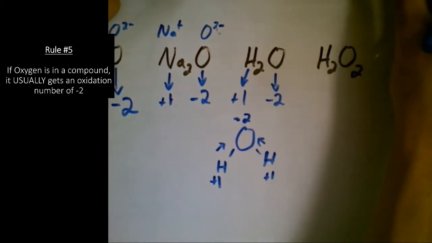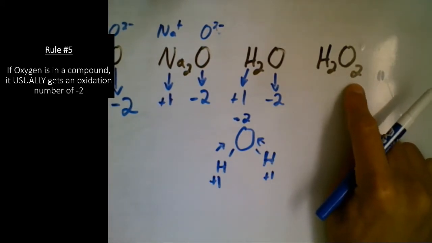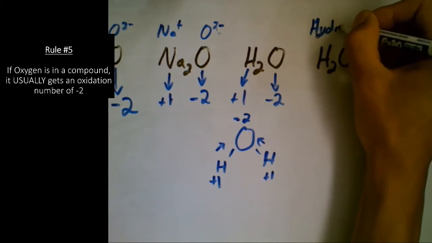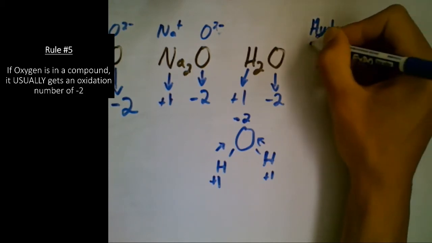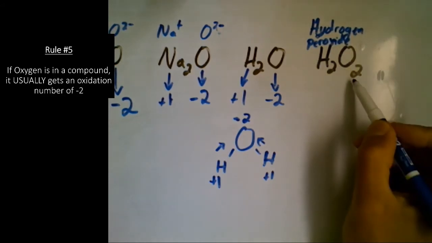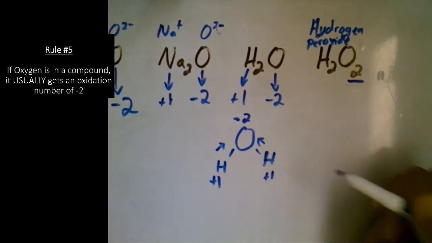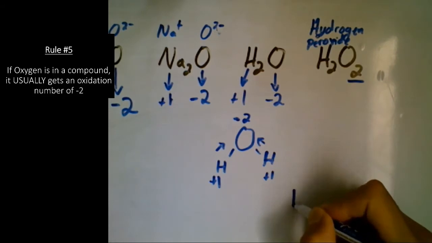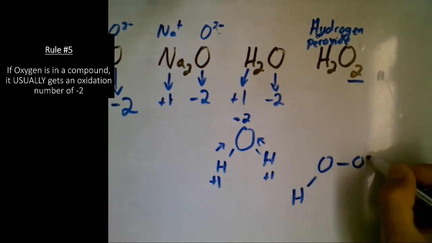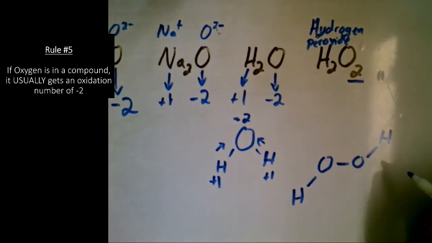That's going to lead us to our next example, H2O2, which is called hydrogen peroxide. And I wanted to show you an example that is different. You see, hydrogen peroxide is not like water. It has a hydrogen bonded to an oxygen, bonded to an oxygen, which is bonded to a hydrogen.